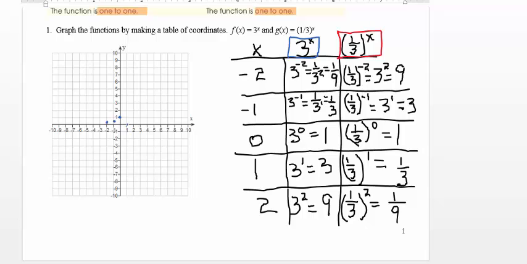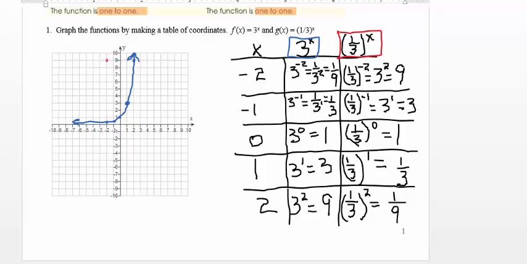When x is -1, y is 1/3 for f. When x is 0, y is 1 for f. When x is 1, y is 3. When x is 2, y is 9 for the function f, which I'm sketching in blue. It's hard for me to draw this curve as smoothly as it should be drawn, but I did the best I could with my electronic tablet.